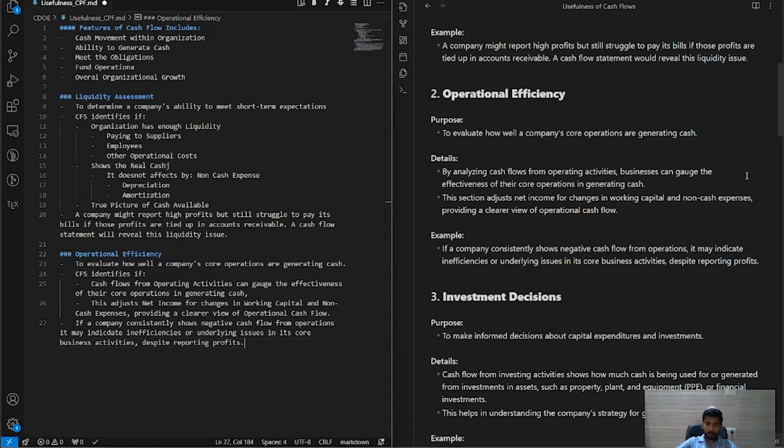We don't care if you have profits or not. If your cash flows are negative, that means you have inefficiency.